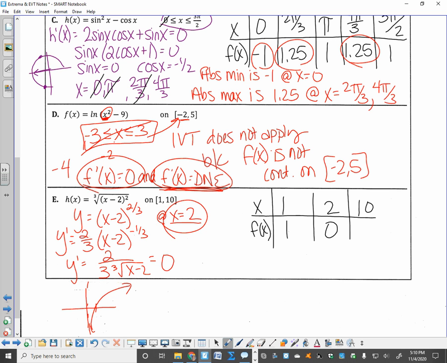And plug a 10. 10 minus 2 is 8. 8 squared is 64. And the cube root of 64 is 4. So min, max. Absolute min is 0 at x equals 2. Absolute max is 4 at x equals 10.